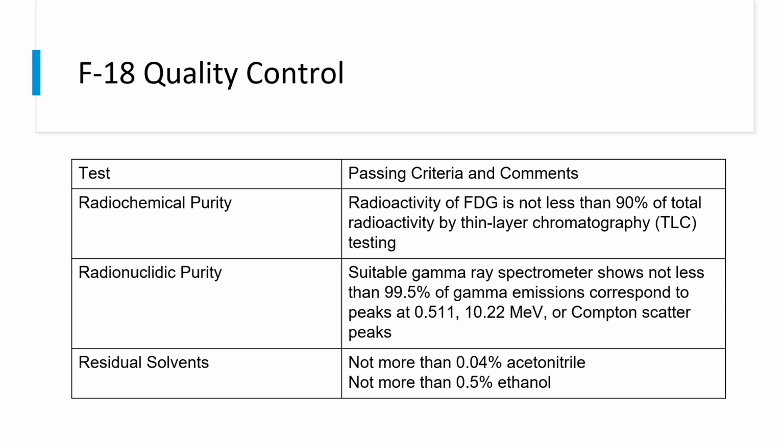Radionuclide purity is to make sure that it is F18 and that there are not any other radionuclides present. And the gamma ray spectrometer is used for that to make sure that it really is F18. And then any residual solvents, you must have less than 0.04% acetonitrile and 0.5% ethanol.